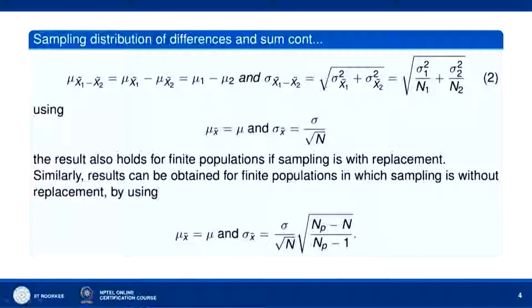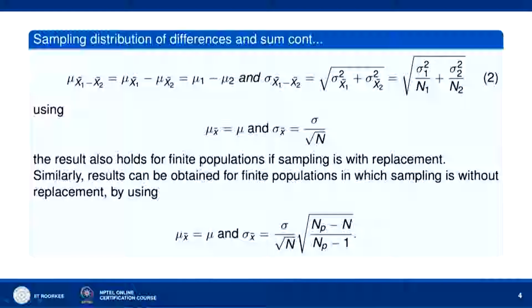And we know that sigma x1 bar square is sigma 1 square by n1 in the case of infinite population. In the case of finite population, sigma x1 bar square will be equal to sigma 1 square by n into Np minus n divided by Np minus 1.